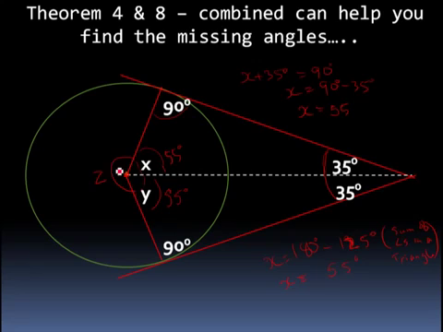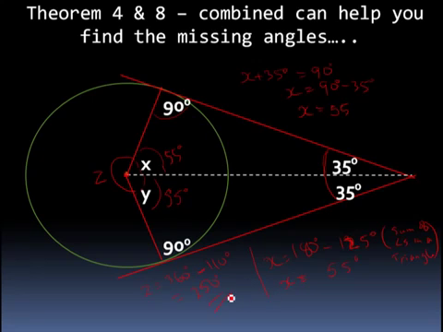And this angle here should add with the 110 to give you 360. So angle Z will be equal to 360 degrees minus 110 degrees, and angle Z will be equal to 250 degrees. This angle here is 250 degrees.